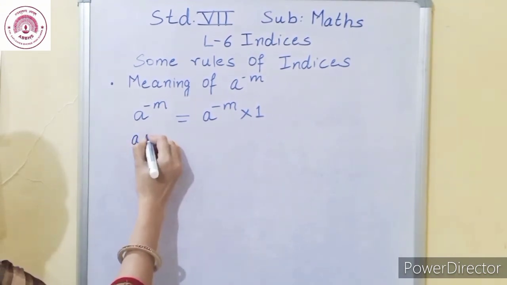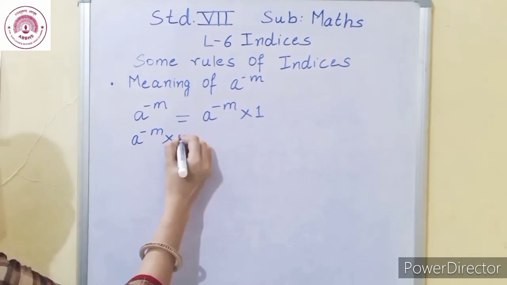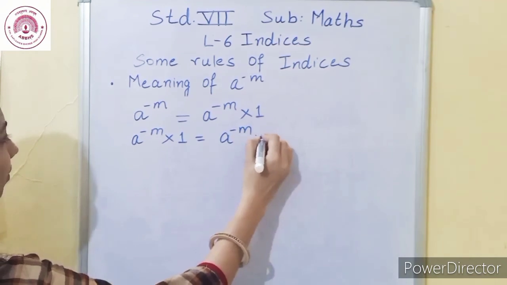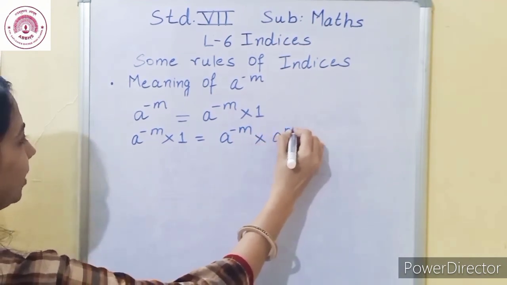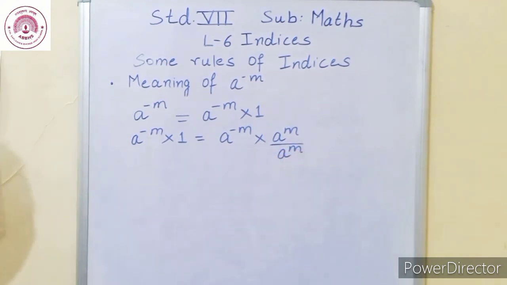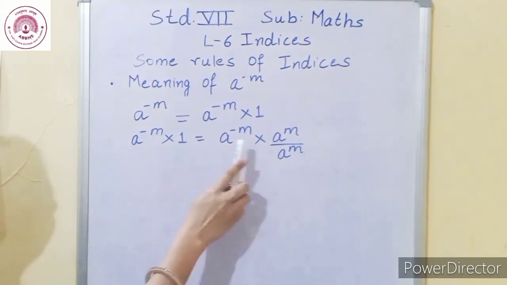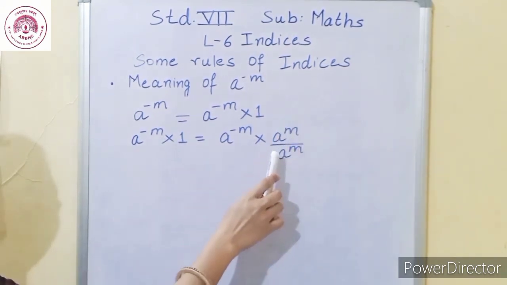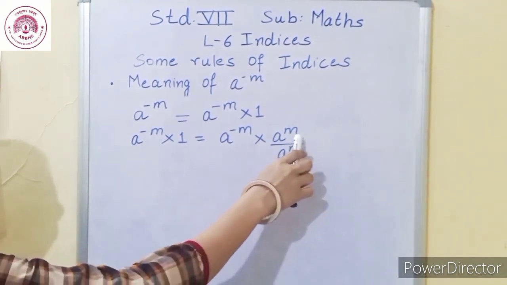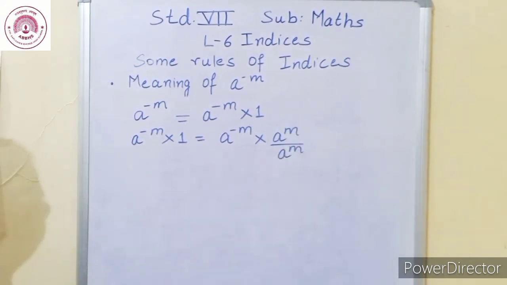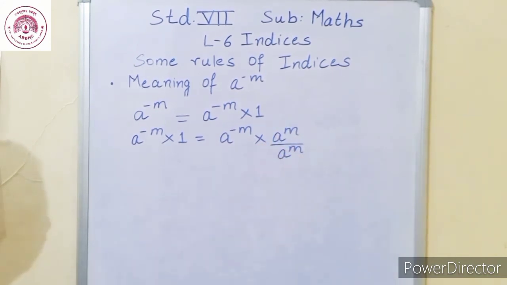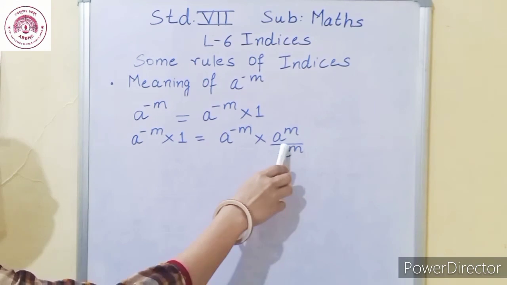Now, this can be written as a raised to the power minus m multiplied by a raised to the power m upon a raised to the power m. We have written 1 equal to a raised to the power m upon a raised to the power m, as in both the numerator and denominator there is the same index form, that is a raised to the power m. They can be cancelled out and we get 1.